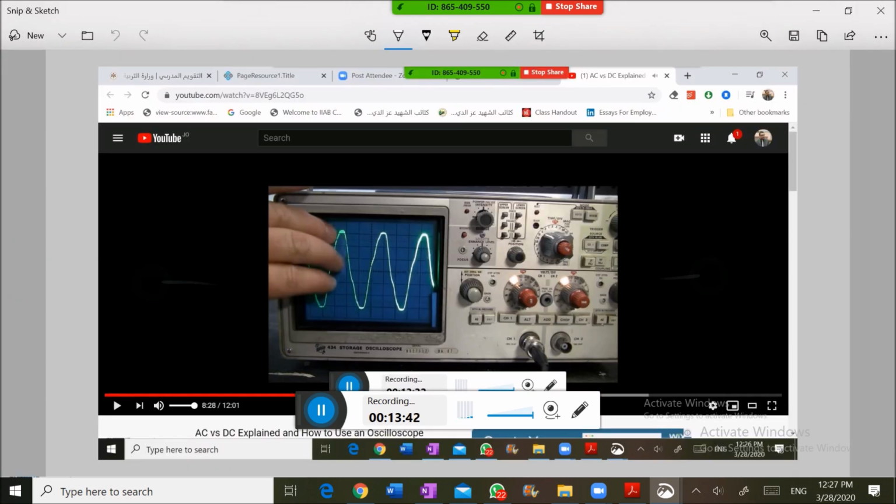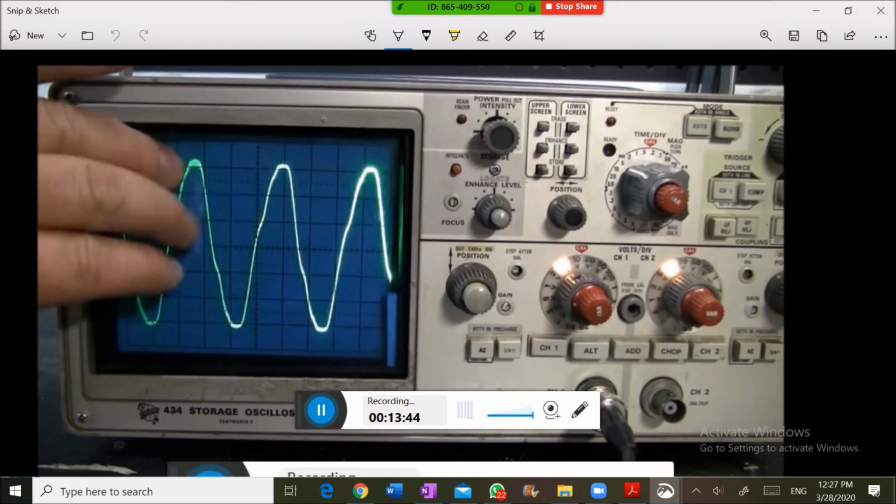Okay, guys, pay attention now. Look at the time scale here. The time scale here is 5 milliseconds. How can I measure the frequency, let's say, of a microphone connected here, using what appeared on the screen?